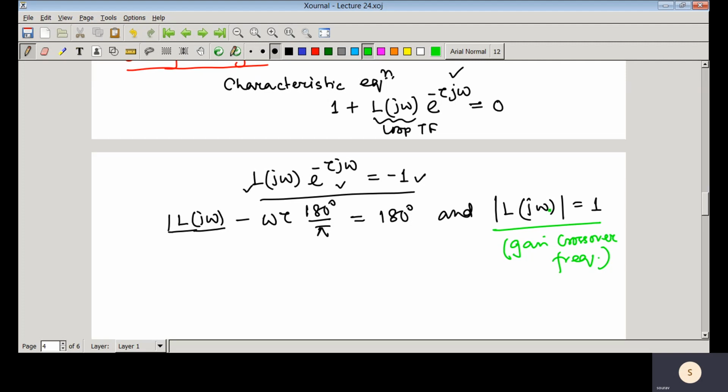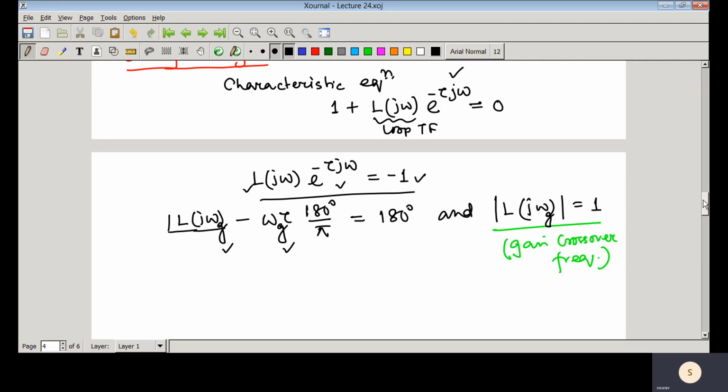Whenever we multiply with that delay term, you can see that the gain crossover frequency remains the same. We are just indicating that gain crossover frequency by omega g. Then the angle criterion will also be fulfilled at the gain crossover frequency, so that's why I have written omega g here.